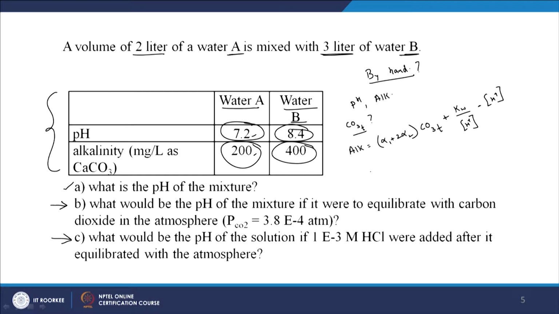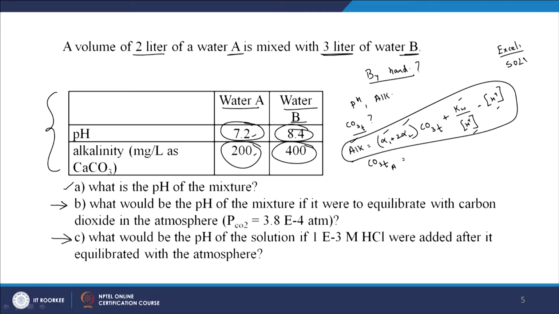So from here what can I calculate? I know alkalinity, I know alpha 1, alpha 2, H plus and Kw, so I can calculate CO3 total of solution A. But this is going to take some time, and what can you use to solve for this? Let us say you can use Excel and look up a function called Solver, and use that to solve this, but obviously it is going to be a bit tedious and I am not going to go through that.